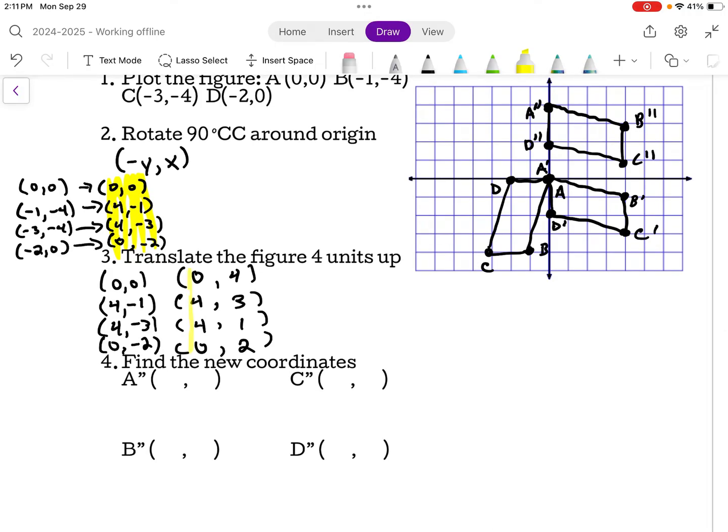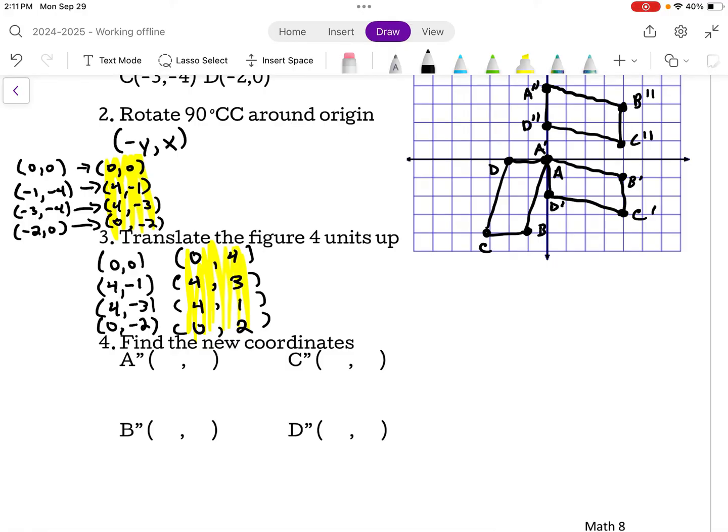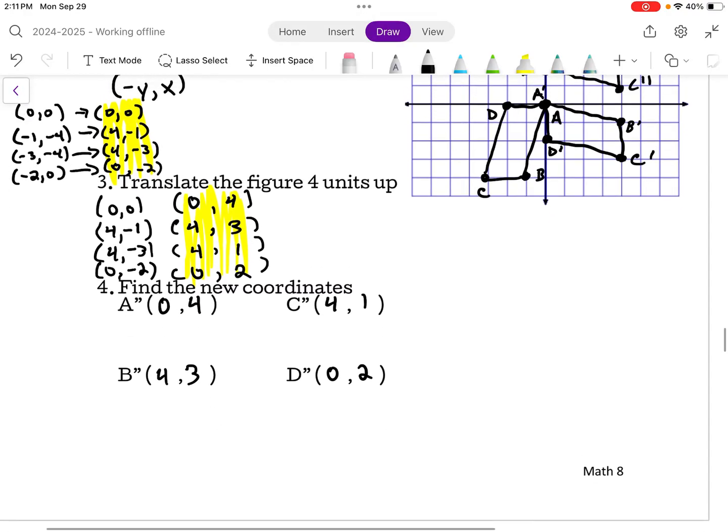These coordinates that I just did right here in step 3 are actually the coordinates for our final answer, which would have been 0, 4, and then B would have been 4, 3, C is 4, 1, and then D is 0, 2.